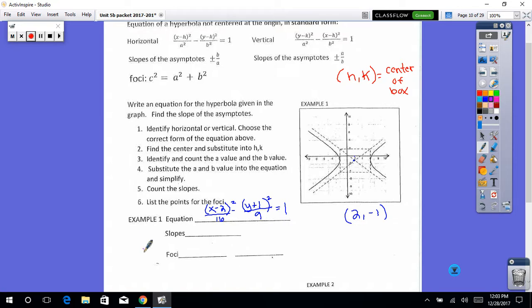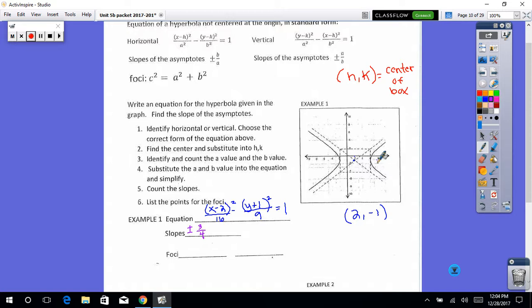Our slope doesn't change. Our slope is still the square root of the y over the square root of the x. So we still have positive, negative 3 over 4. And here's the only difficult part, our foci. Just like before, we need to determine if our foci is going to be on our x or our y-axis.